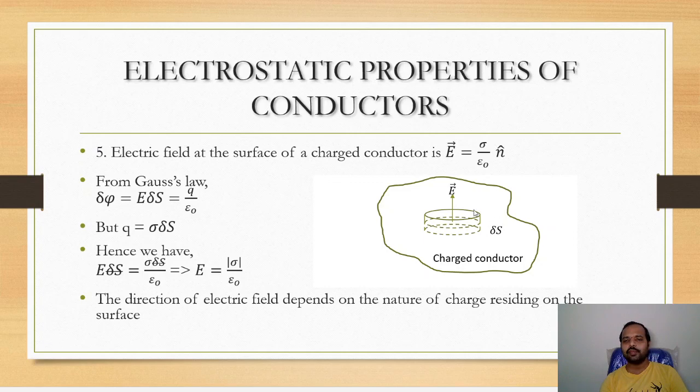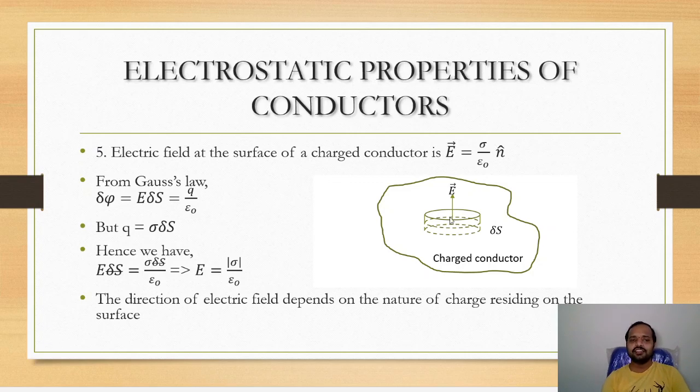Now I am going to take a pillbox as shown in the diagram. Half the pillbox is inside the conductor and half the pillbox is outside the conductor. And as it was already proved that the electric field is normal to the surface of the conductor, I have taken the electric field normally outwards through the pillbox.